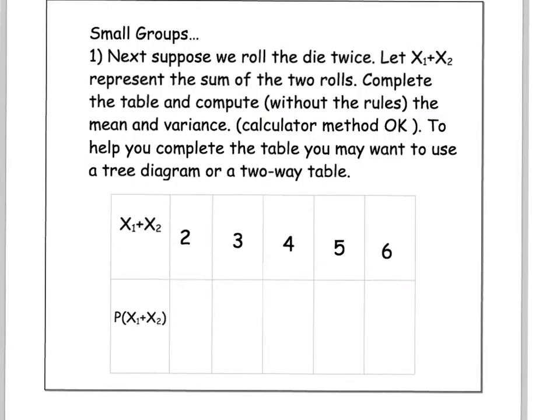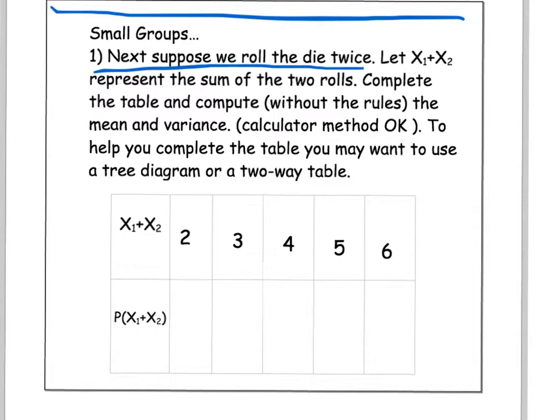So the next thing you're going to do is go to this activity that's in the back, and I just copied and pasted where you should now be. You've already completed the first question, and now you should be ready to complete this where it says start with your small groups. The only thing that's going to be tricky is, let's take a look at this. We're going to roll the die twice.